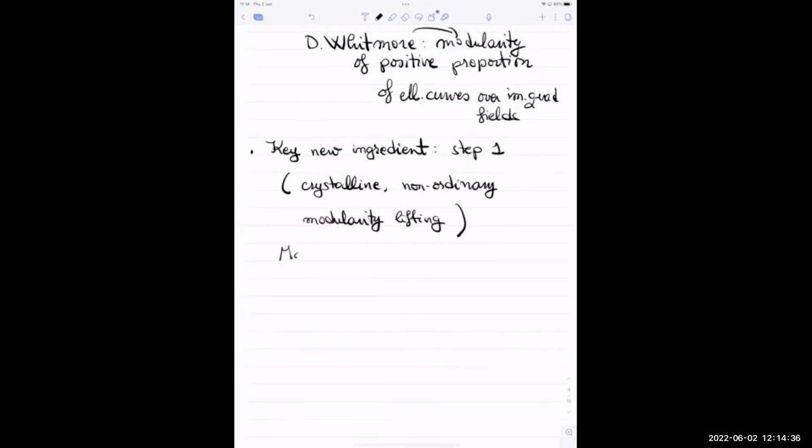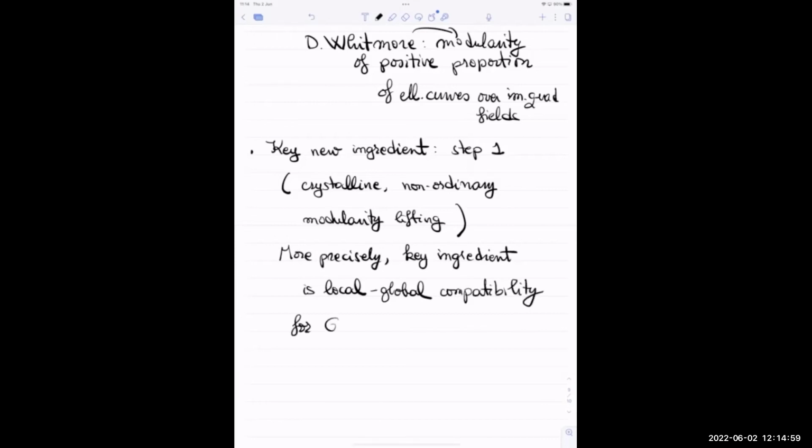So more precisely, the key ingredient is a local-global compatibility result for the Galois representations constructed by Scholze.